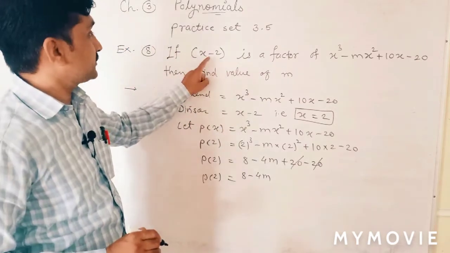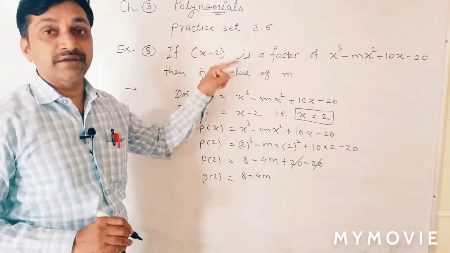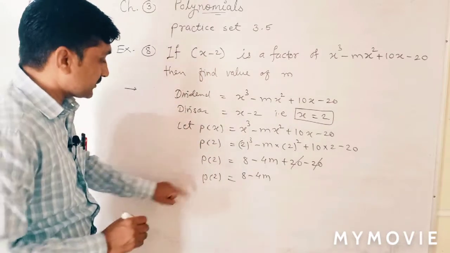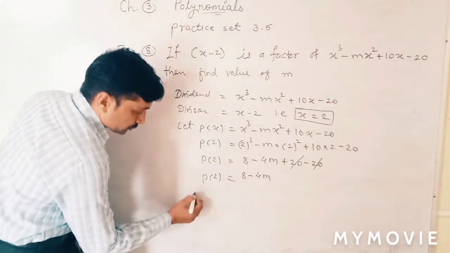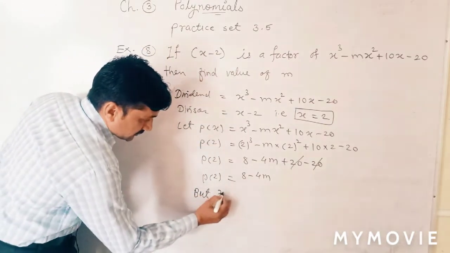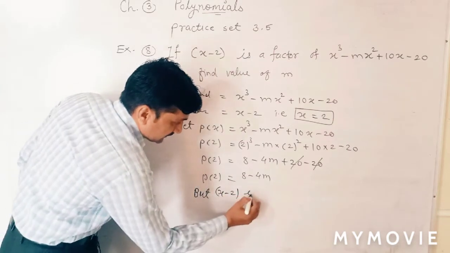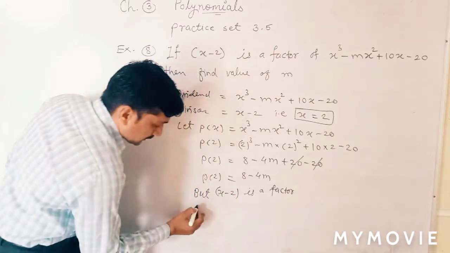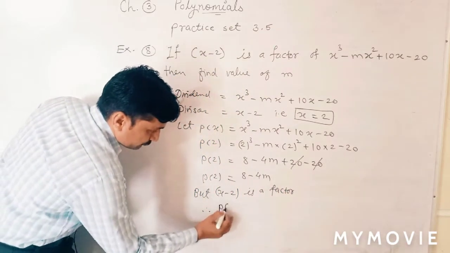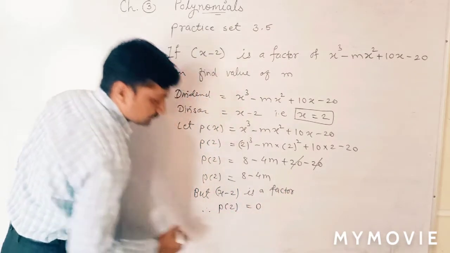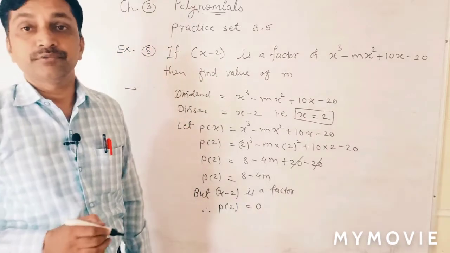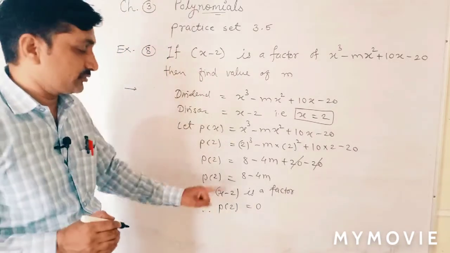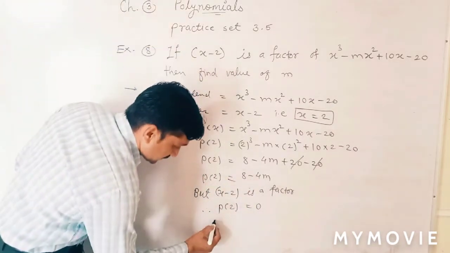But what is given here? X minus 2 is a factor, and that's why we have to put this value as 0. So p of 2 is equal to 0 because it is a factor, and p of 2 is 8 minus 4m, equal to 0.